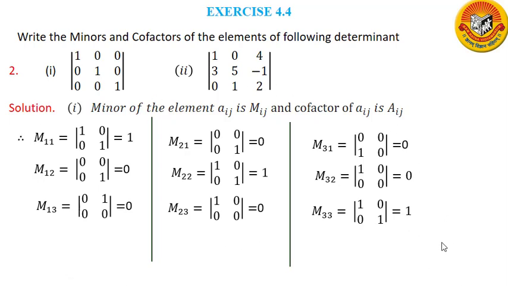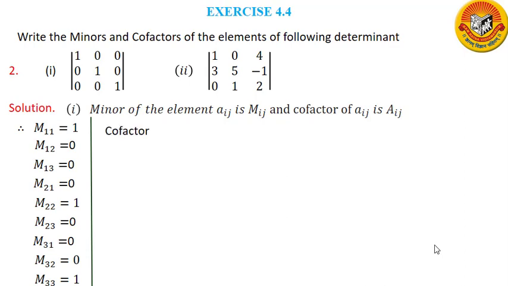So for the cofactors, I just have to multiply these minors with minus 1 power i plus j. Instead of writing this, you can directly use plus or minus sign by checking i plus j as plus 1 or minus 1, right?